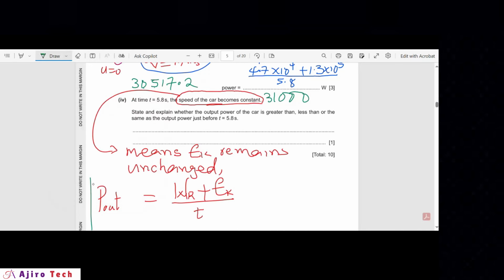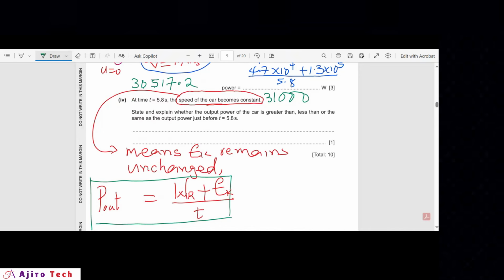So work will only be done against air resistance. But there's no work done on kinetic energy because the speed remains constant. It's not increasing or decreasing. So that's what it means.